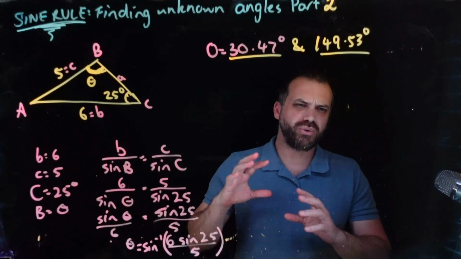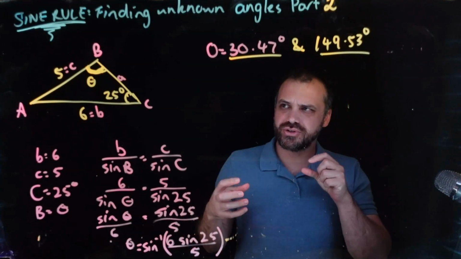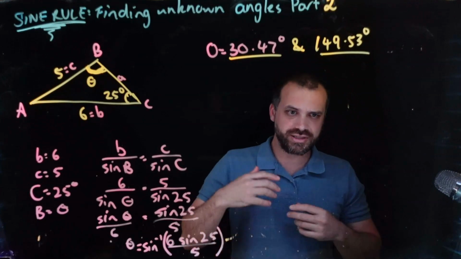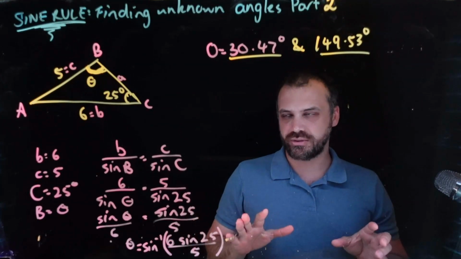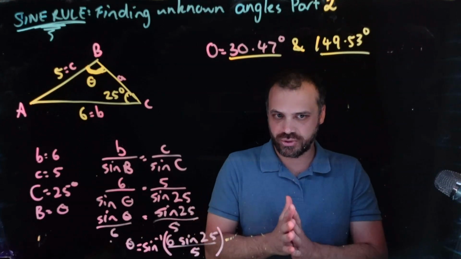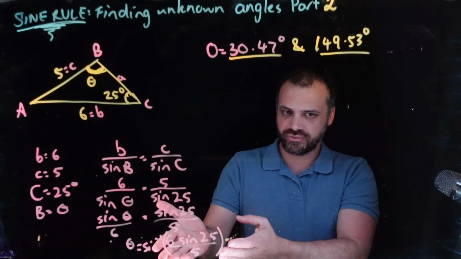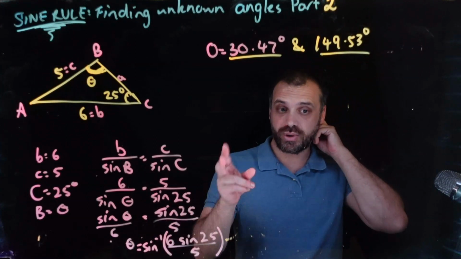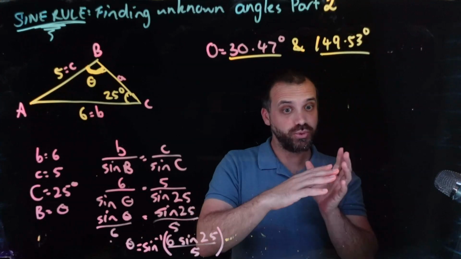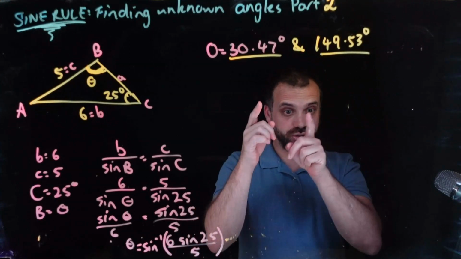Now, when it comes to the sine rule, you will run into these ambiguous cases. There are some weird rules that you can use, like if this angle is this, and this angle is this, and so on. I've never been able to follow those rules. I don't recommend them to you. Instead, what you should do is solve. Understand that whenever you take the sine of something, you end up with two solutions, one in quadrant 1 and one in quadrant 2.